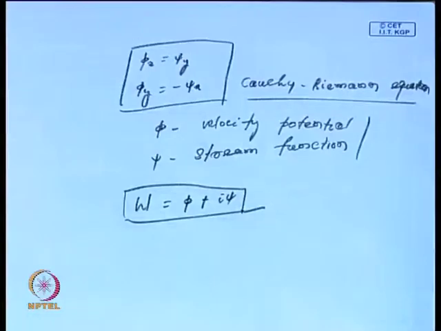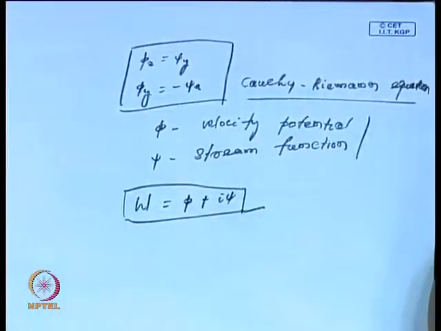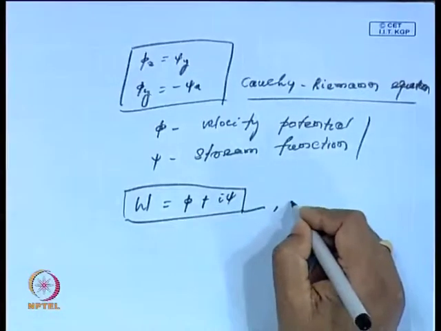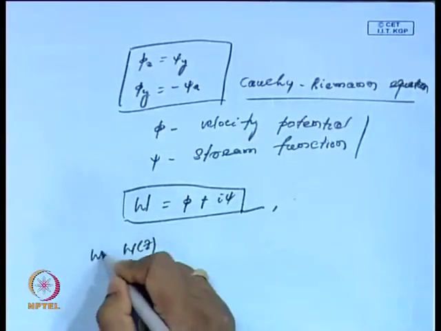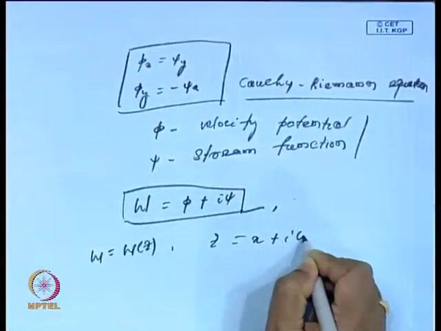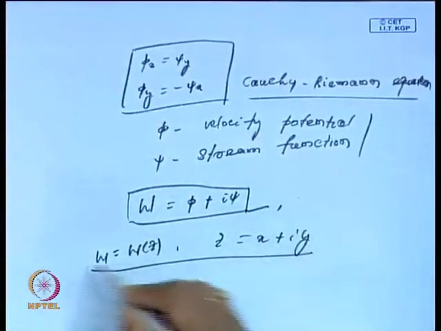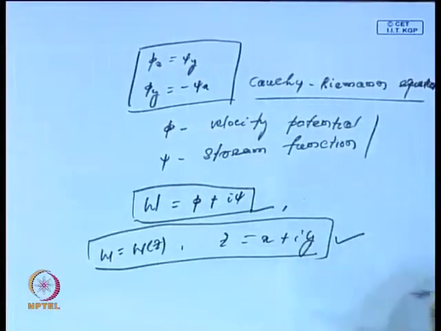This was only possible when the flow was two-dimensional in nature, because W is a function of z, W equal to W(z), where z is equal to x plus iy. Several flows have been analyzed under the assumption that z is equal to x plus iy.